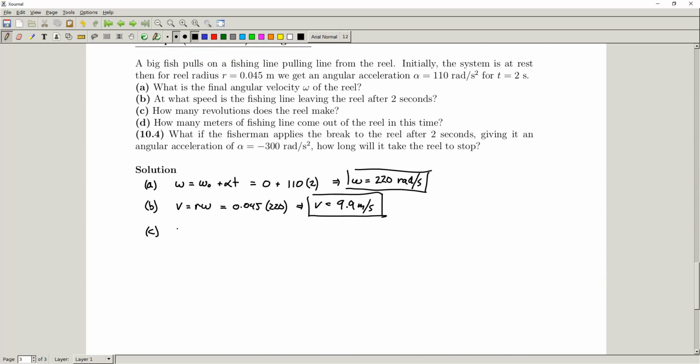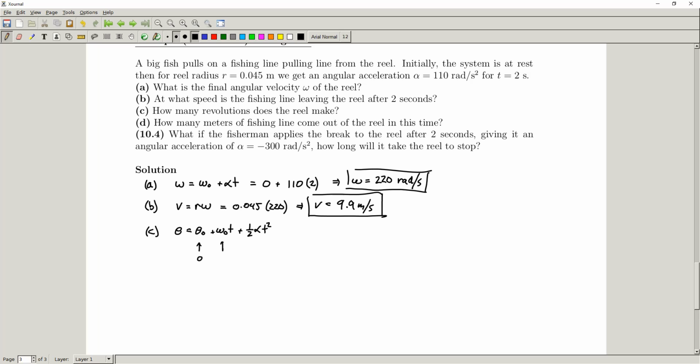And so let's apply one of them here. We know that theta is equal to theta naught plus omega naught t plus 1/2 alpha t squared, and we want to find how many revolutions happened during that time. So let's do the calculation. We can set the initial theta naught to be 0.